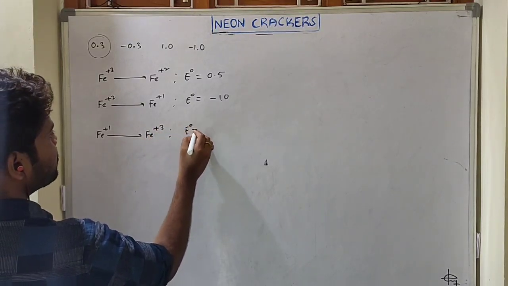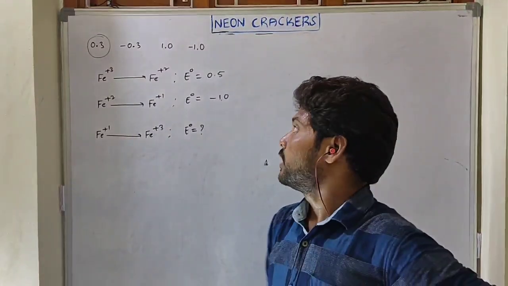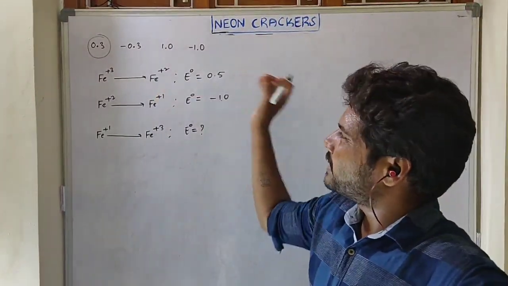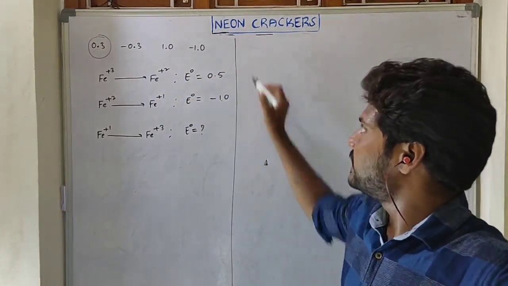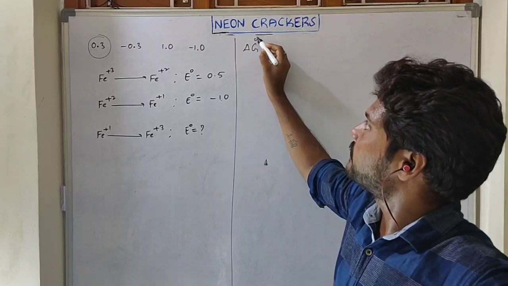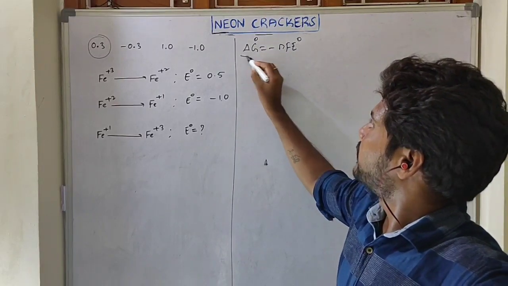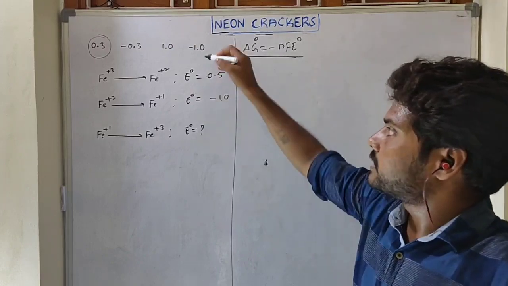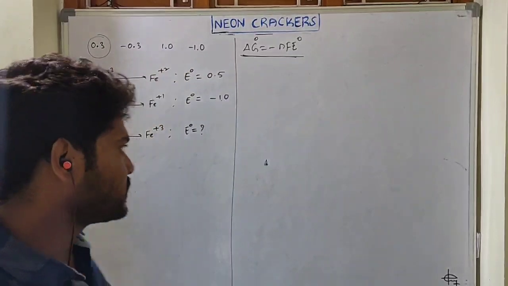What is the delta G naught equation? Delta G naught equals minus n F E naught. Based on this equation we have to solve the question, but it takes time. I will give you one shortcut.